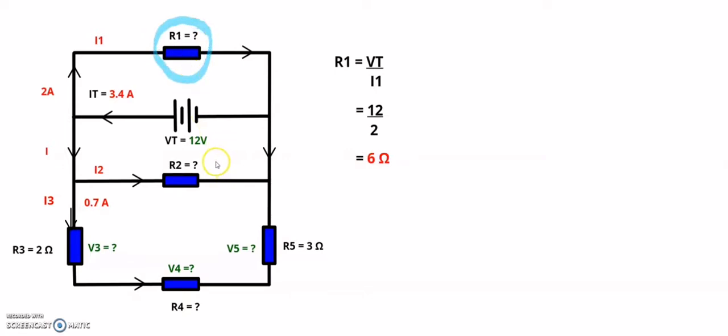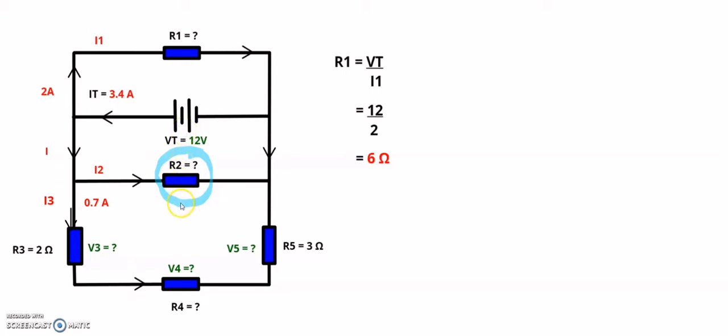Next, we're going to calculate the resistance of R2. Again, because the voltage drop over that one was 12 volt because it's in parallel with the battery, the voltage drop over this resistor is also going to be 12 volt because this resistor is also in parallel with the battery.